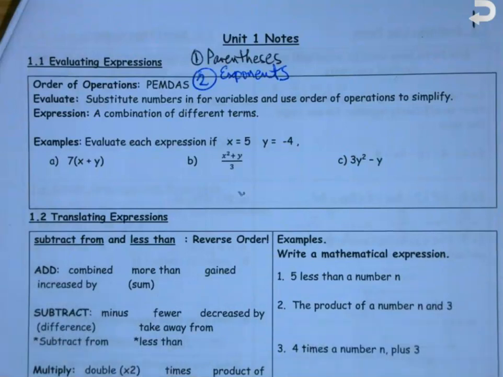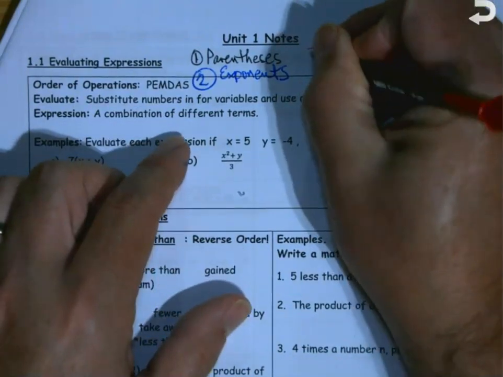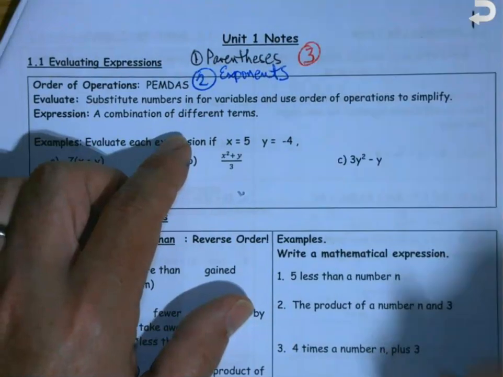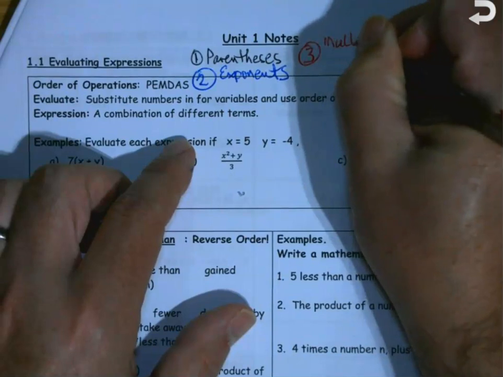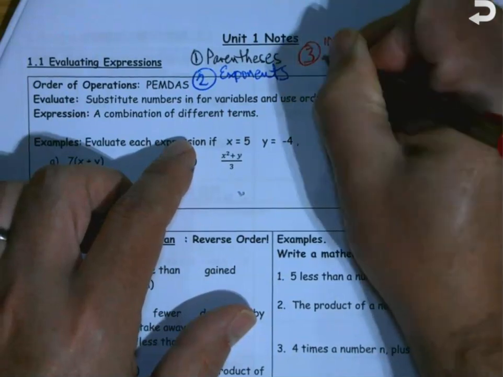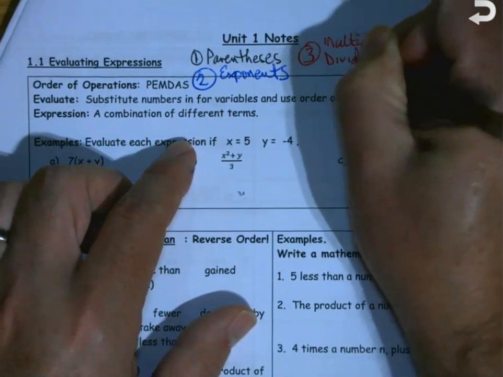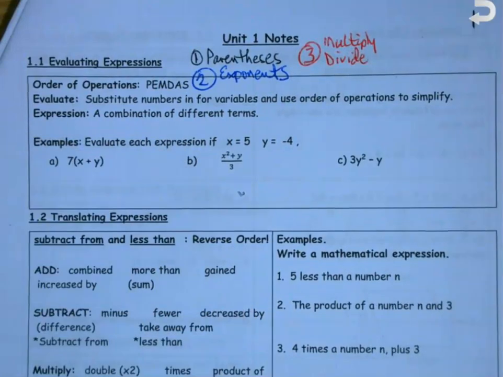So then we keep going along, and this is where it starts to take a little bit of a twist that we've got to be aware of. Number 3, we get 2 things. We get multiply, and we get divide.